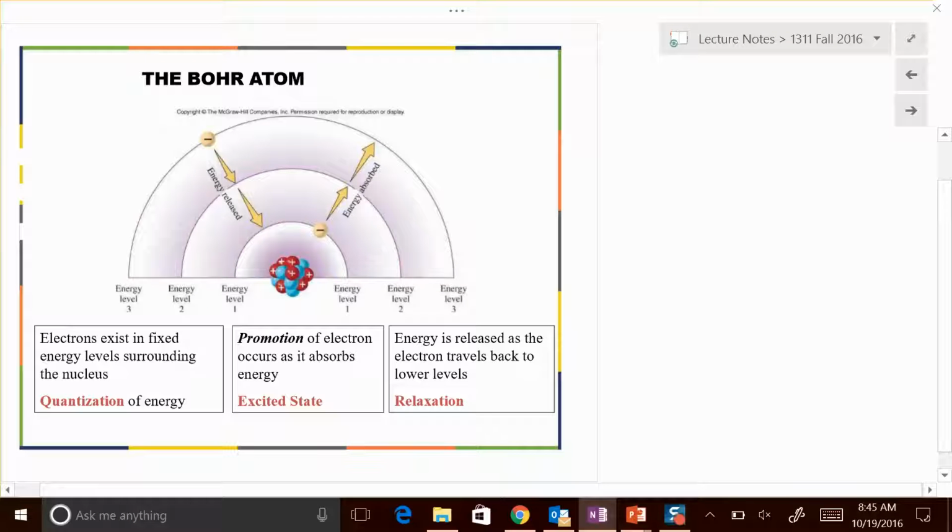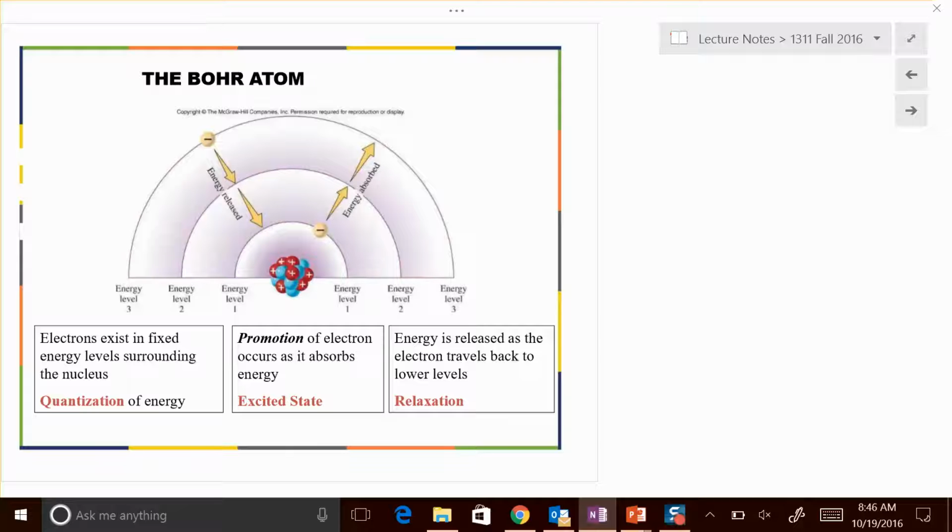Now, there was a scientist named Bohr, and Bohr wanted to understand where the electrons are on the atom. I think we might have talked a little about this earlier in the semester. But he developed a model that helped us understand the positions of electrons on the atom.